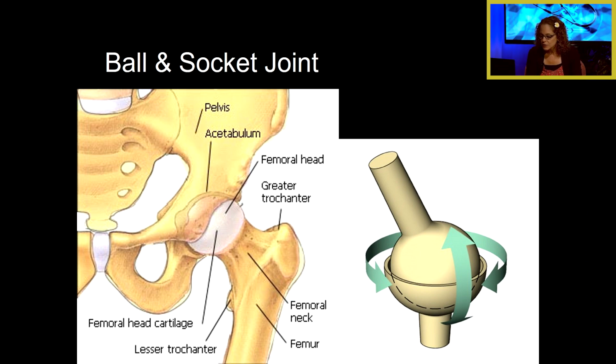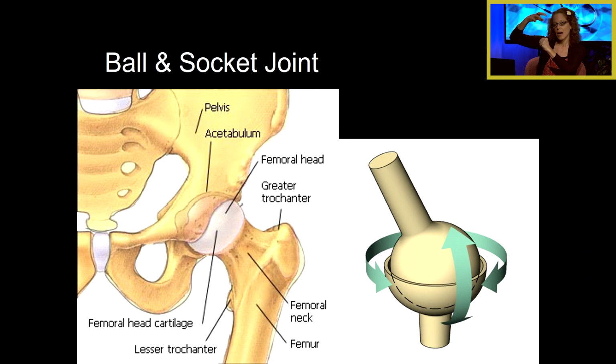It's important for us to understand some of the anatomy that goes into this ball and socket joint because what we can see here is our pelvis. We can see that the pelvis has an acetabulum, which is kind of like a place for the femoral head to fit into, okay? So a ball and socket joint fits in this way.